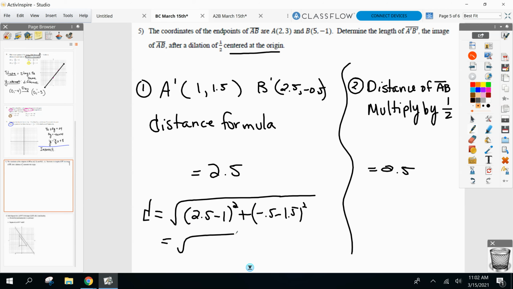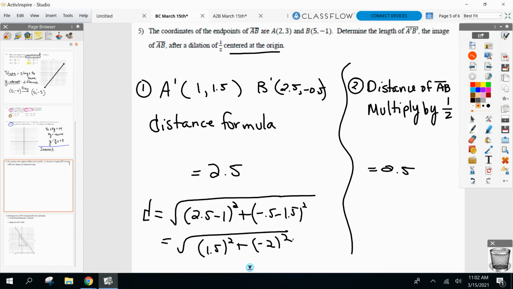So you end up with 1.5 squared plus, what's that, negative 2 all squared. So whatever 1.5 squared is plus 4, add them together and then take the square root, you should get 2.5. Yeah, it is 2.5.